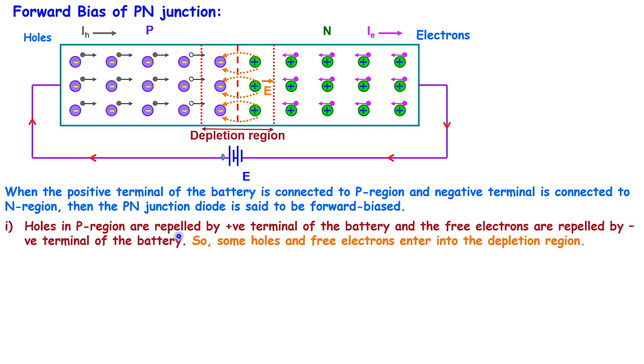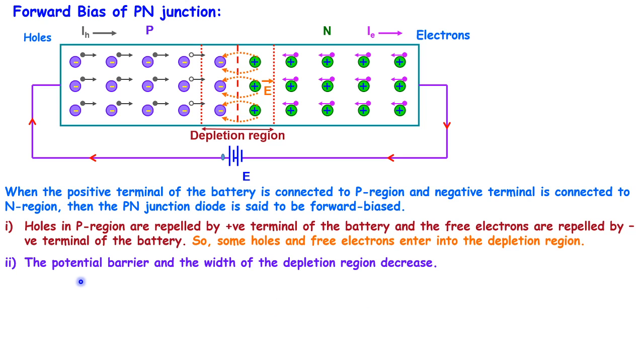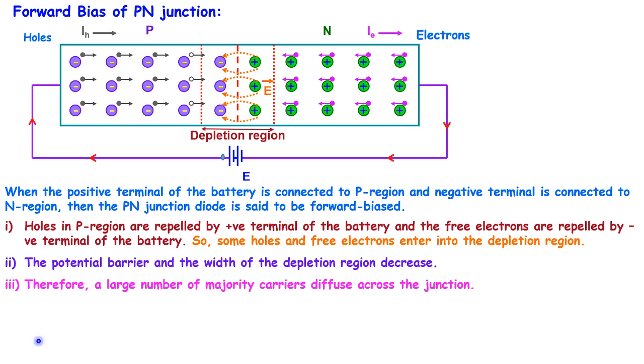Holes in the P region are refilled by the positive terminal of the battery and free electrons are refilled by the negative terminal of the battery. So some holes and free electrons enter the depletion layer. The potential barrier and the width of the depletion layer region are decreased. Therefore, a large number of majority charge carriers diffuse across the junction.